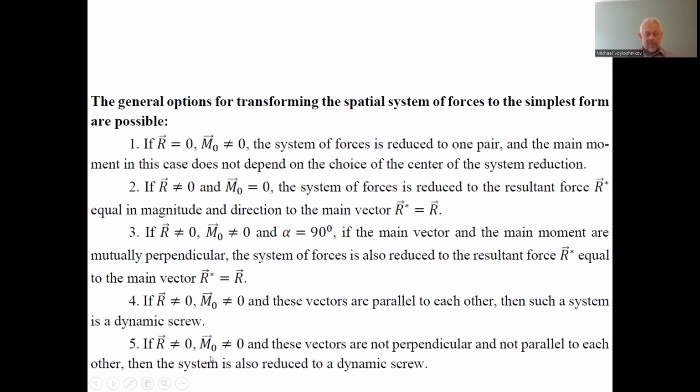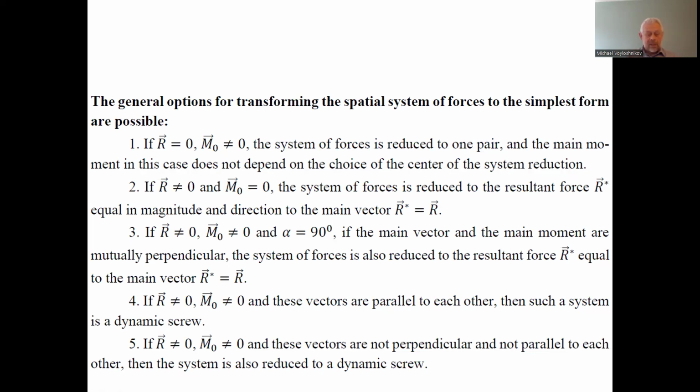And for this system of forces, we have to decide the point of application of the second force. The first is applied at the same point where the resultant force is applied. So the resultant force with the force deducted from the projection of the main moment onto the axis perpendicular to the plane where the main force lies gives us 0, because they are a balanced system of forces, and only one force remains.